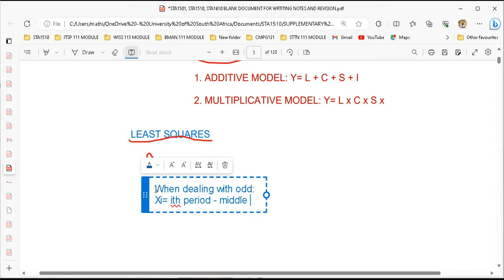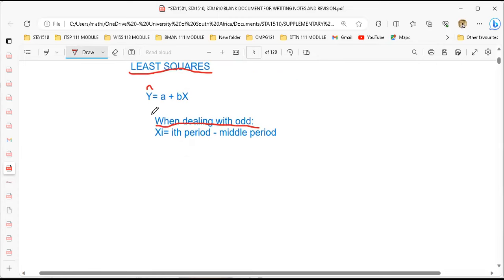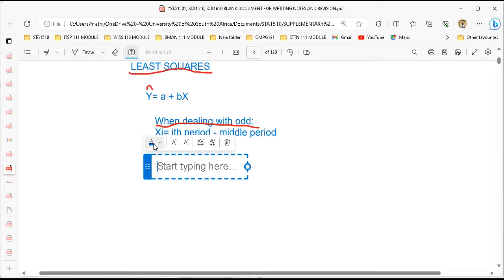I'm going to explain this one. I'm just going to give you one example so that you can see what I'm talking about. When dealing with odd, we are talking about the number of periods, and you use this formula. All right, now let's check something here. When dealing with even, the number of periods for even, which formula do I want to use?